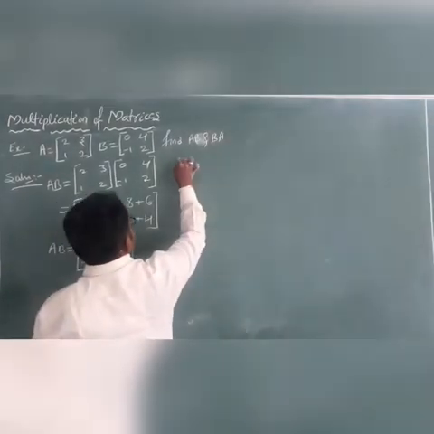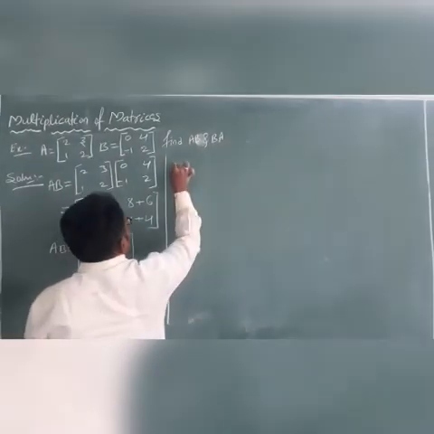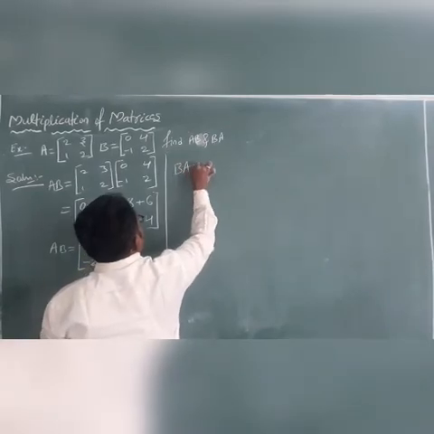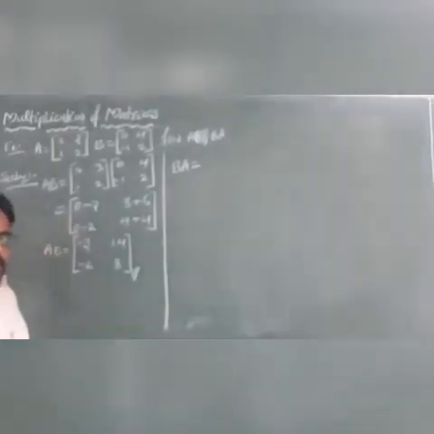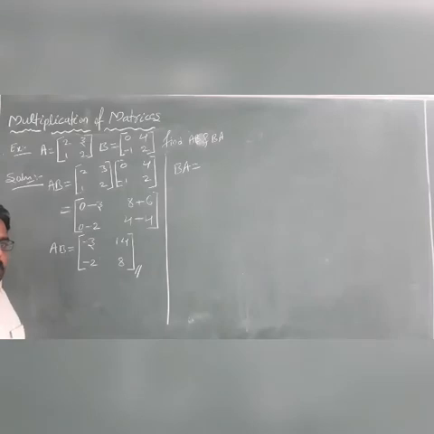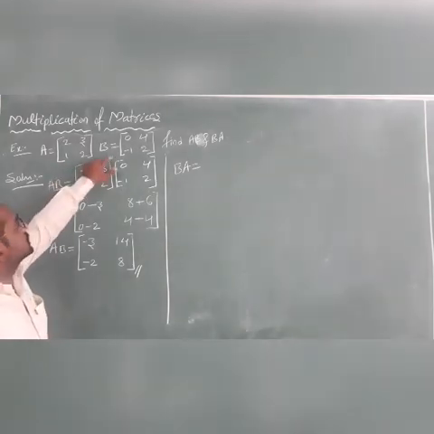Then what is the product BA? So in the previous example, we took the 2 by 3 matrix and a 3 by 2 matrix. In that session, AB we got a 2 by 2 matrix and BA as the 3 by 3 matrix. Okay, A and B are of different orders there, but here we have both the matrices of the same order.